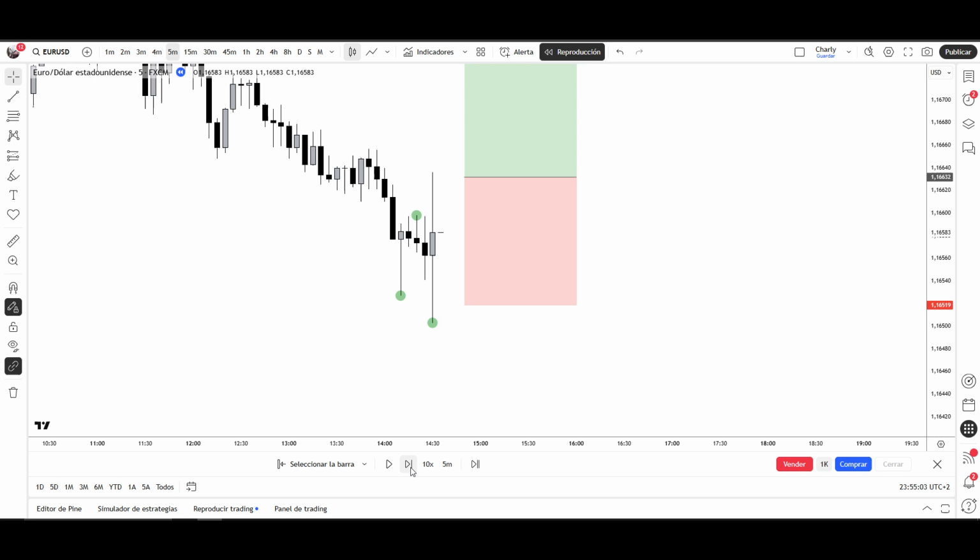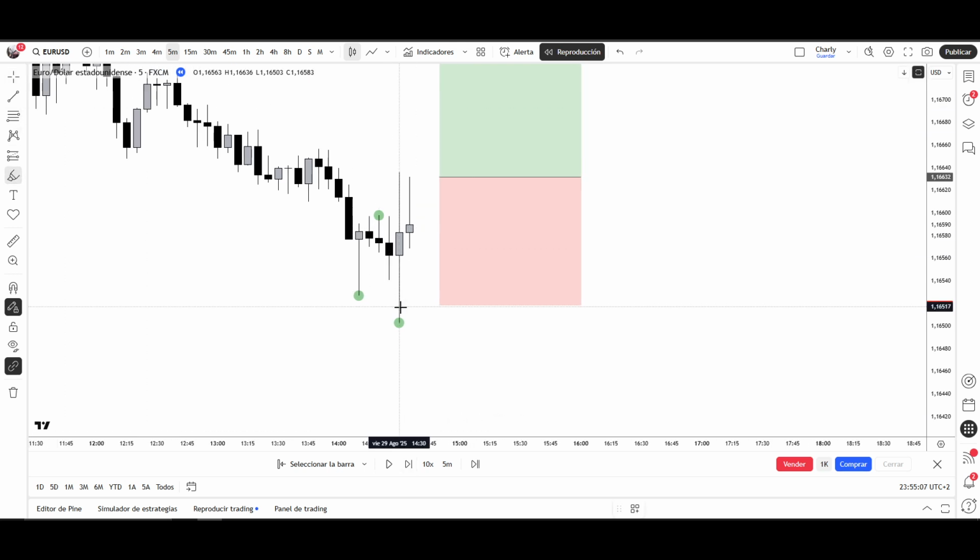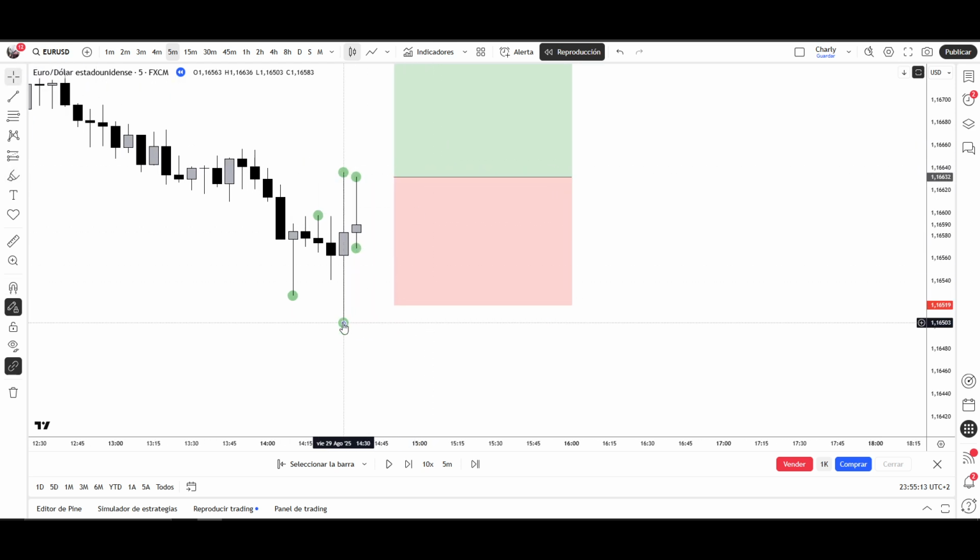Now we see how this candle is built. We have to understand how the price is moving. All right, we have low, high, low, lower high. The market is moving up from here to here, and now it goes lower, goes up. Next candle, boom, bearish. So we have now a lower low.